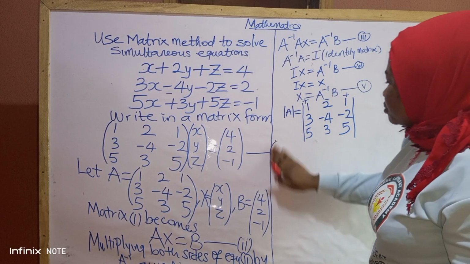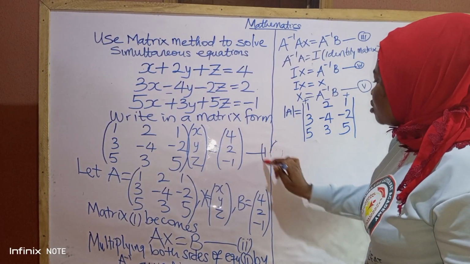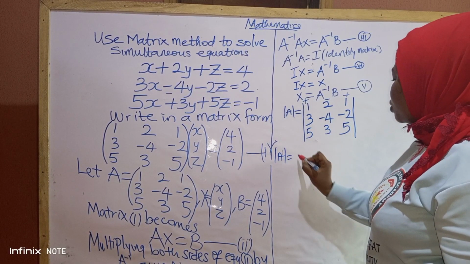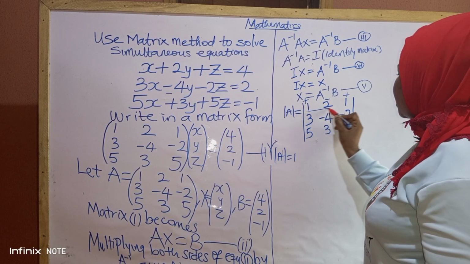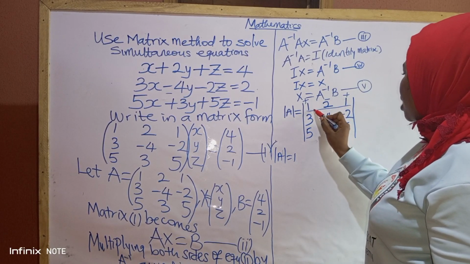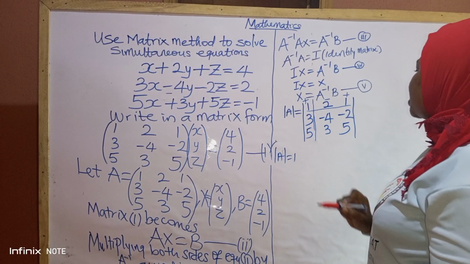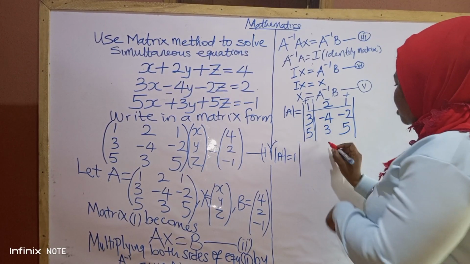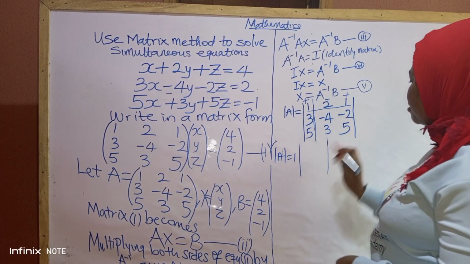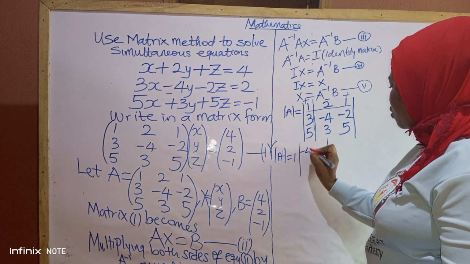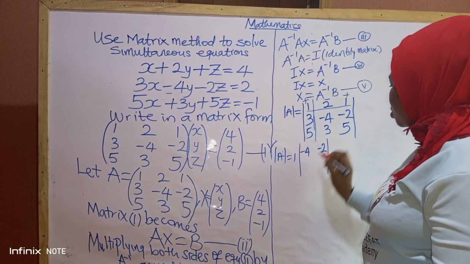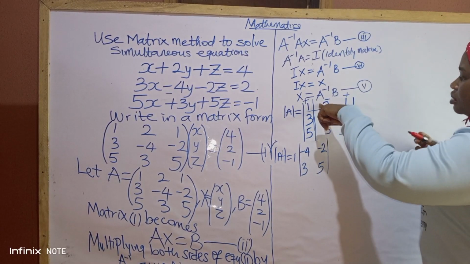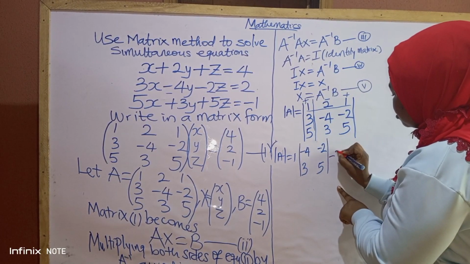What I'm going to do now is that the determinant of A will be equal to, I'll write plus 1, then I'll cover that one horizontally, and cover where it belongs vertically. So I have left, I need to find the determinant of the remaining elements, and they have minus 4, minus 2, 3, 5. Now come here, I have 2, so write that minus 2.